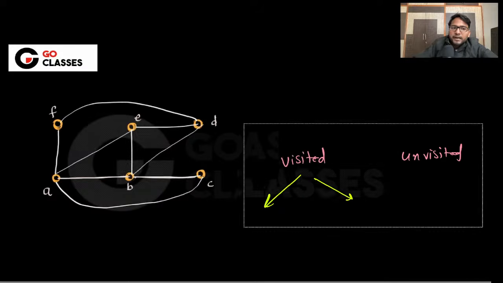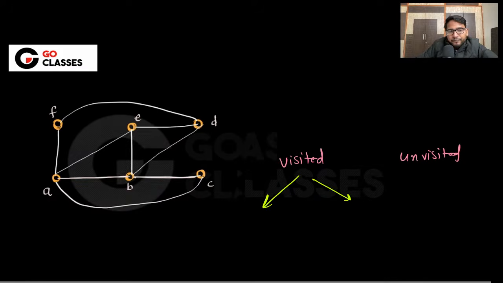Now, due to some reasons and some applications, we need to divide visited also into two parts. What are those two parts? I can say in stack or finished.